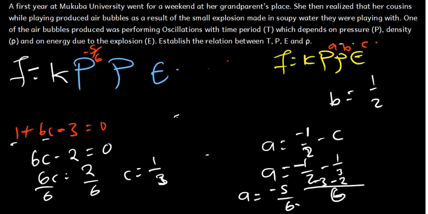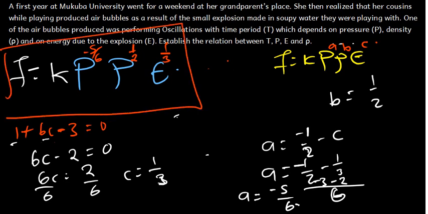The value of B is half. The value of C is 1 over 3. This is the expression which they want us to come up with. Okay, so this is the formula. So this is how you come up with the formulas.